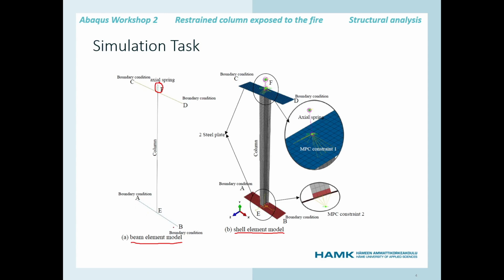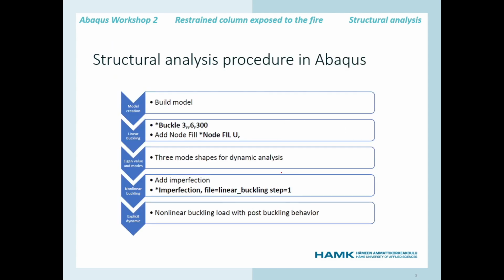Then we apply the boundary conditions at the ends of the upper and lower plates, and also some boundary conditions in the connection between the column and the plate. The first task is to create a beam model as shown in this figure, and the second task is to create the same model using a shell model. Here is the similar model using beam and shell elements.